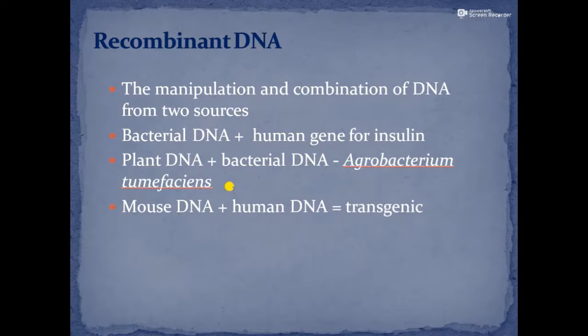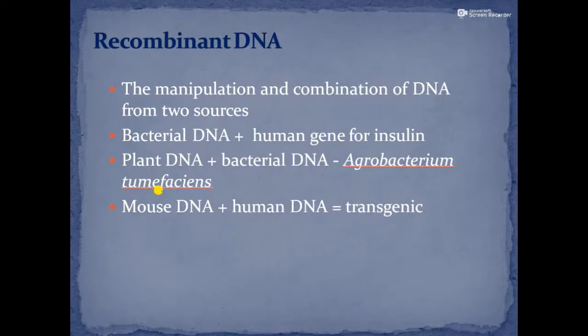So when two different types of DNA are being combined together, you form the recombinant DNA. Or you can also take a mouse DNA and combine it with a human DNA. These two things together will form a recombinant DNA.